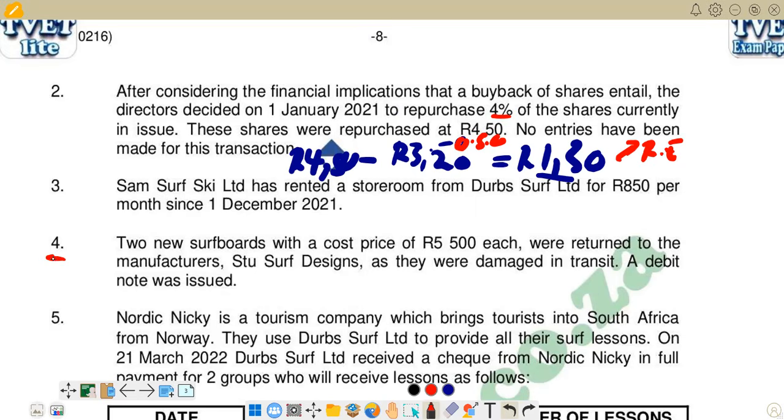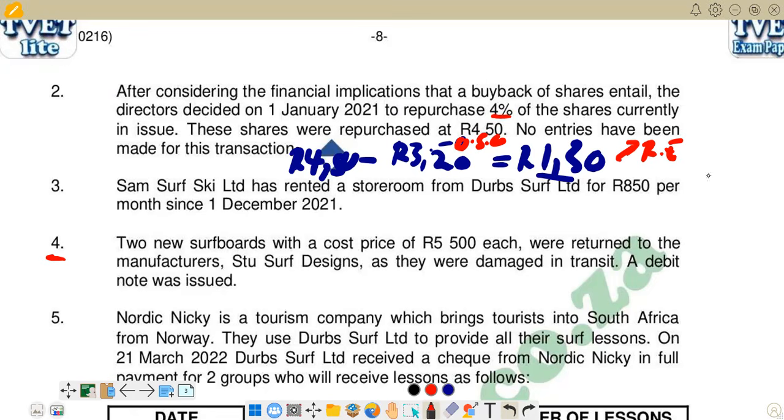We only have here on item 4 that says 2 surfboards with a cost price of 5,500 each were returned to the manufacturers, Star Safe Designs, as they were damaged in transit. A debit note was issued. So these were creditors that we bought goods from, and these are now being returned. When we return them, they are going to reduce the amount of creditors that we have.